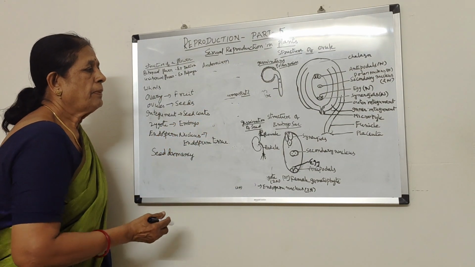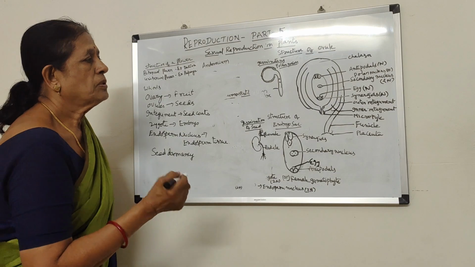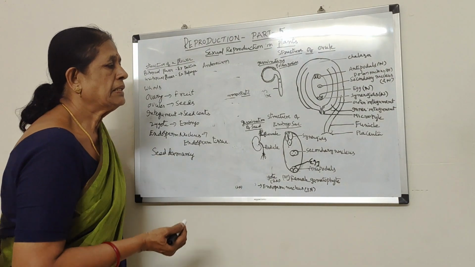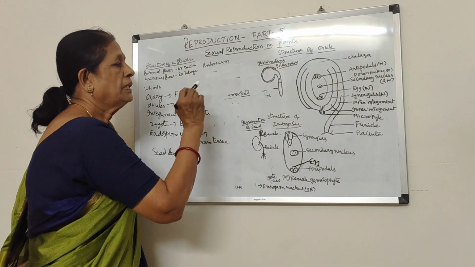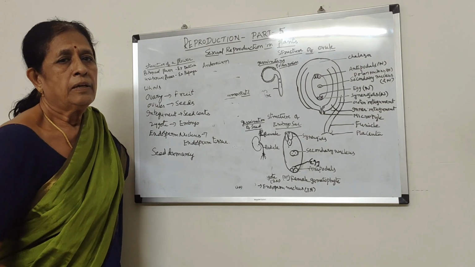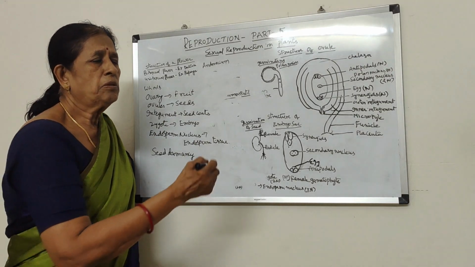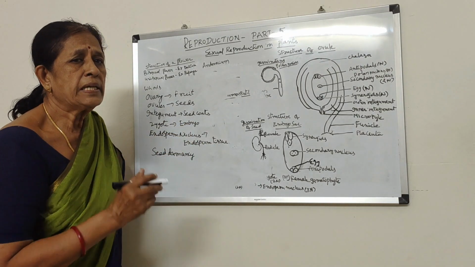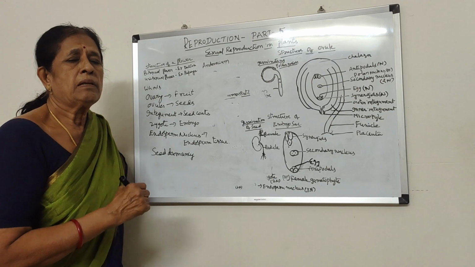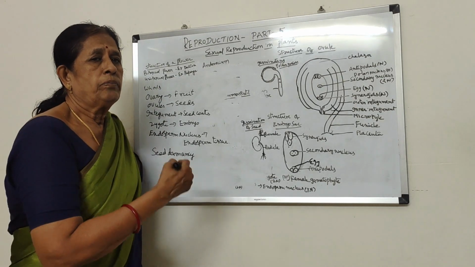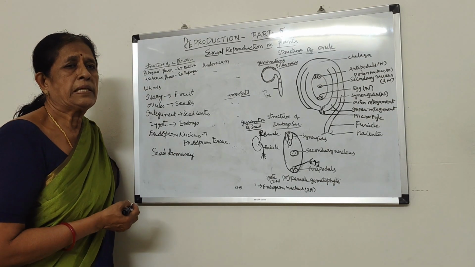Here, a chromosomal and genetic exchange has taken place between the pollen grains and the egg nucleus. That is why there is genetic variation and always a chance for the development of a better generation.